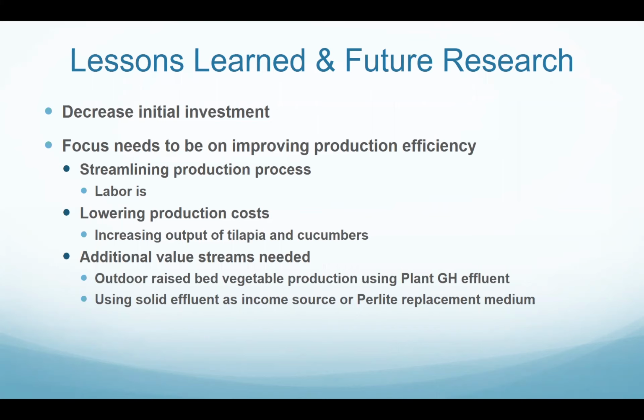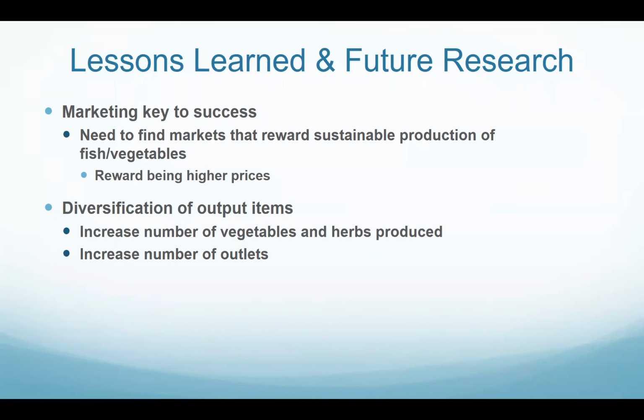I mentioned that outdoor raised bed vegetable production of tomatoes, which did not include that in this analysis, but it certainly could be included. And then using that solid effluent as an additional income source. It could be used as a perlite replacement medium or to be spread on agricultural fields.